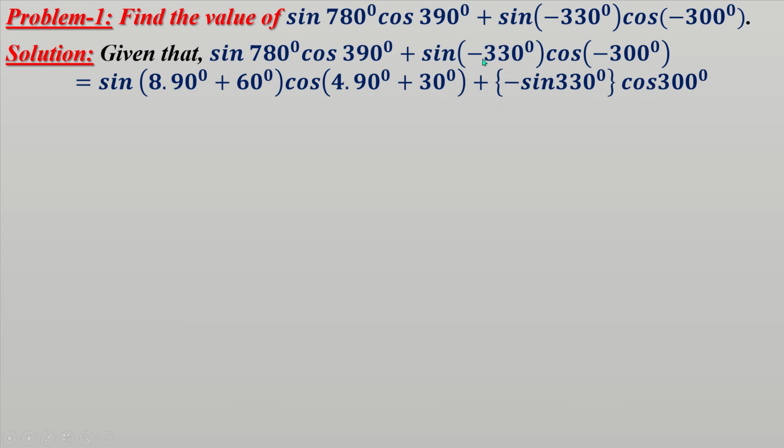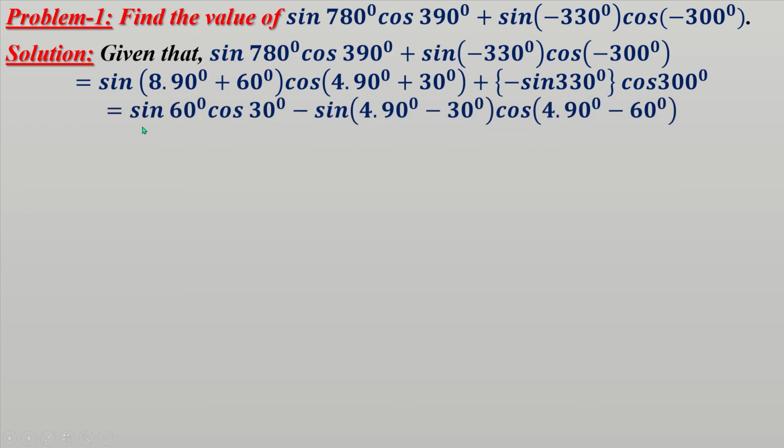Similarly, we know sine of minus theta is equal to minus sine theta, and cos of minus theta is equal to cos theta. So here will be 8 into 90 degree, the number of right angle here is even. So sine will be sine, and 8 right angle means fourth quadrant plus something means fifth quadrant, that is first quadrant, and all positive.